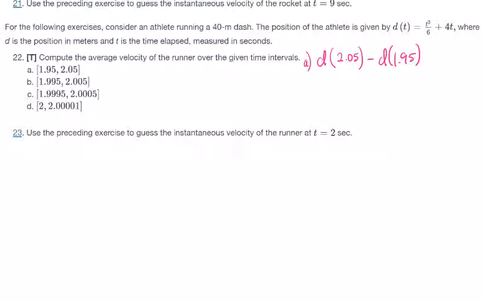If I plug these in for t, then what I'm going to get is the output. So I'm going to do d of 2.05.